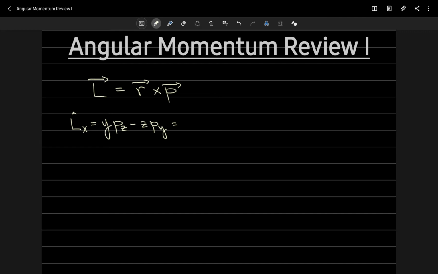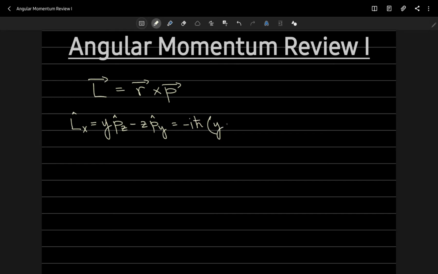So what do I have? I should write these operators, right? That these momenta are operators, and I'll have negative iota h bar, which I can factor out because it's just a constant.